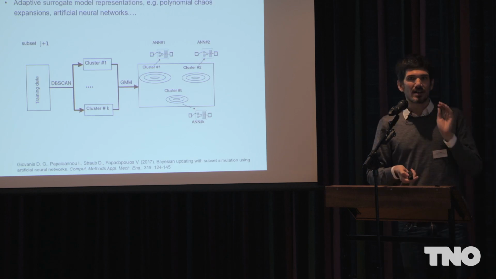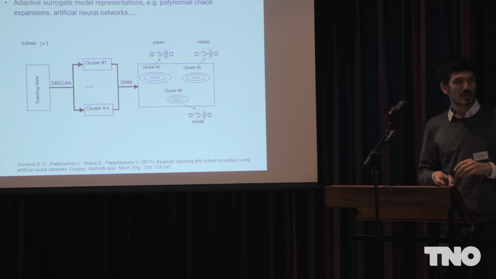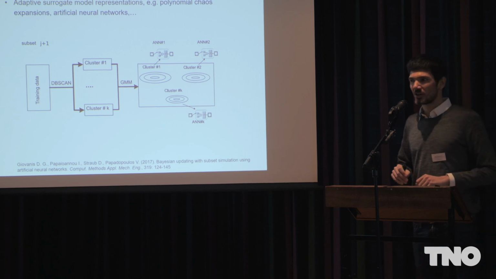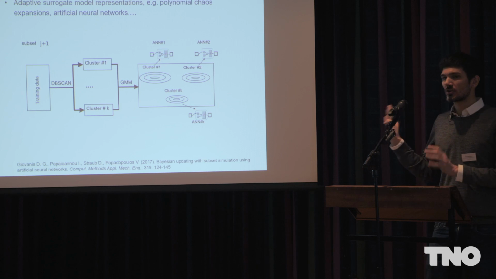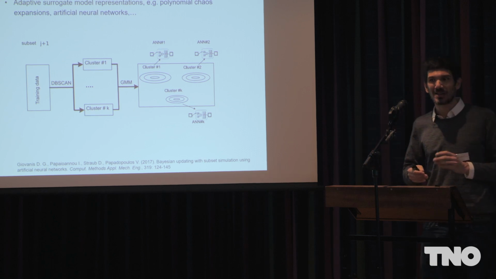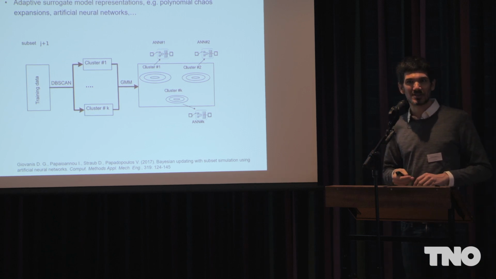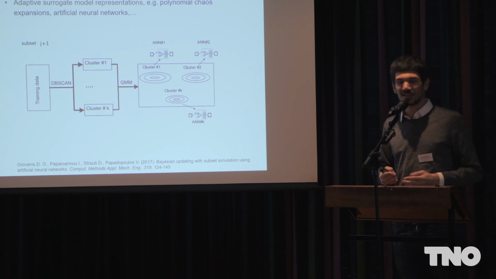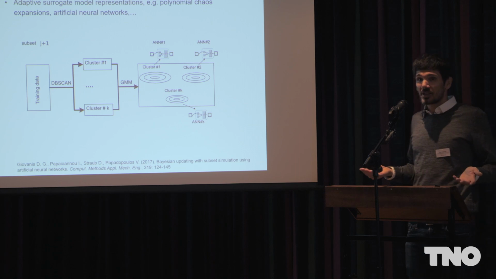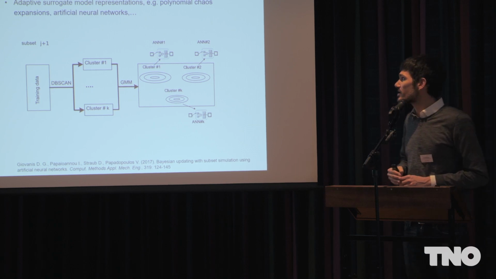Okay, I just have a very short excursion on approaches for reducing computational cost. So I'm not going to discuss details here. There is a presentation coming after me that is going to discuss such approaches in detail. So one can use surrogate models in order to make things faster.